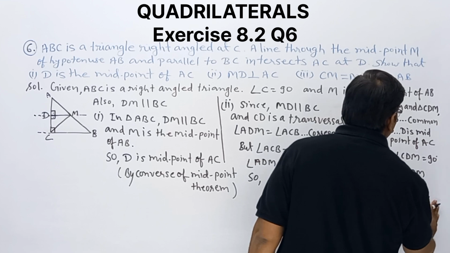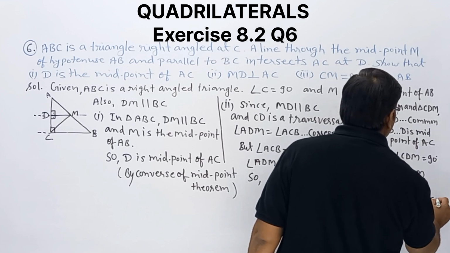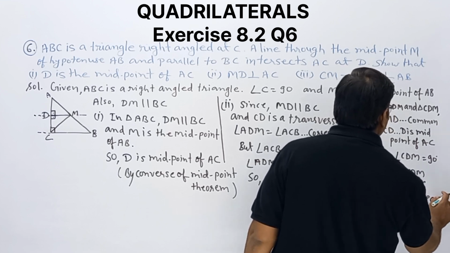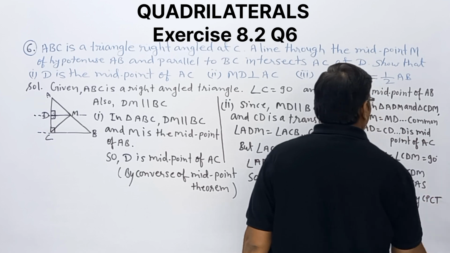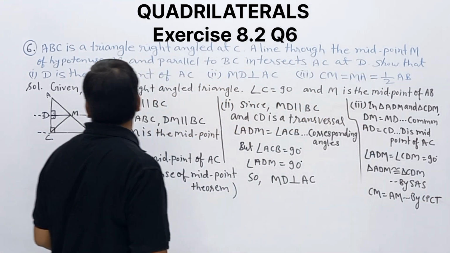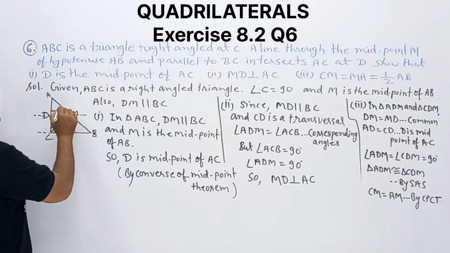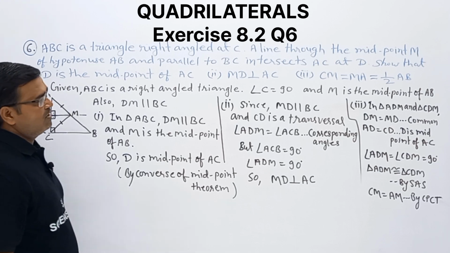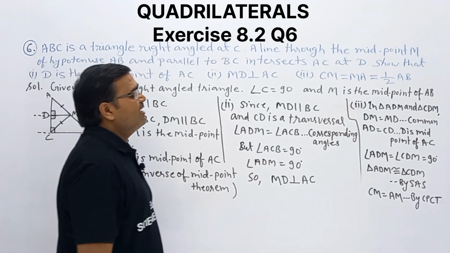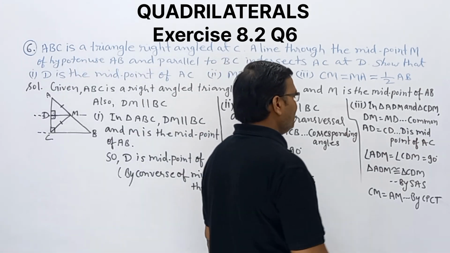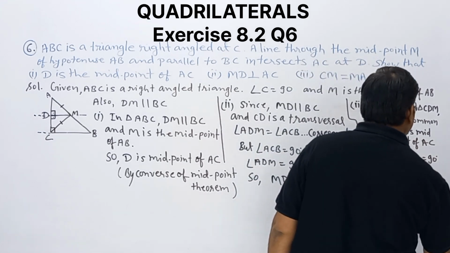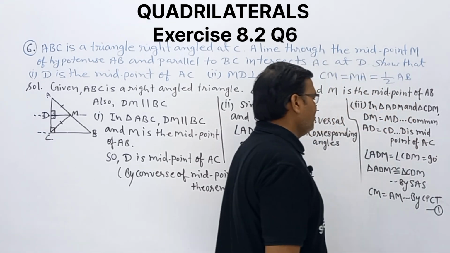These two triangles are congruent, so corresponding parts of these two triangles will be equal. By CPCT this side will be equal to this one. I am putting this as equation number 1.